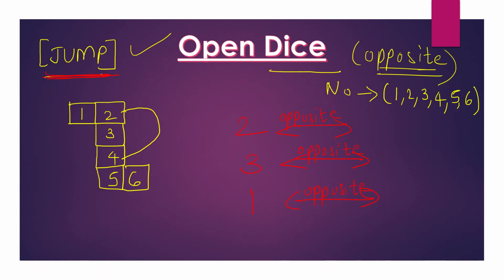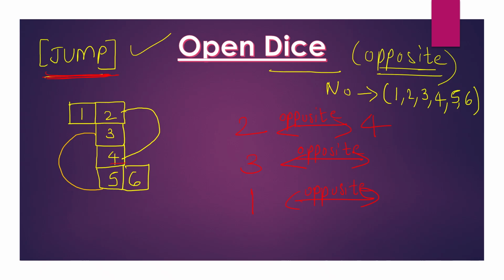So opposite of 2 will be what? 4. Then opposite of 3 will be what? Jump from here, from 3, leaving one block. So opposite of 3 will be 5.